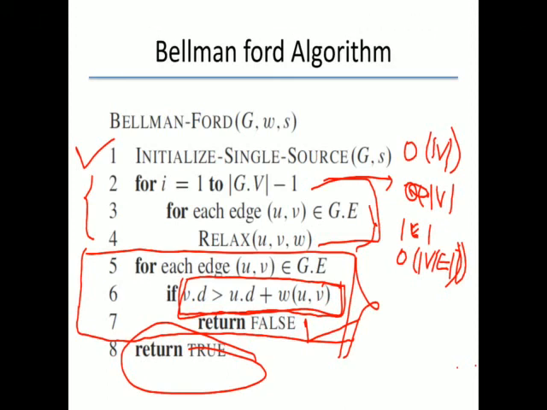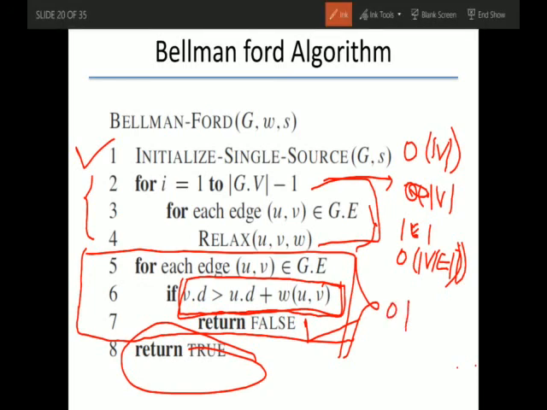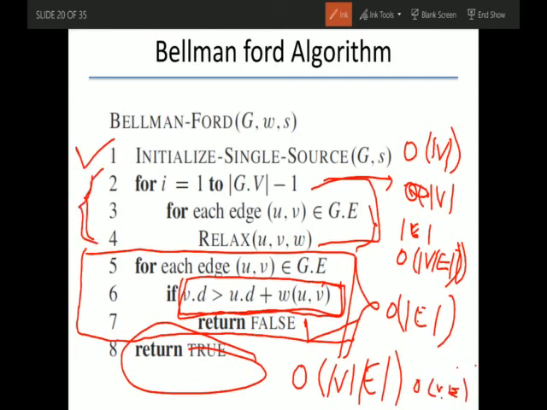So this is the Bellman-Ford algorithm. Overall the complexity will be order of v into e, the largest value, from step number 2 to 4.